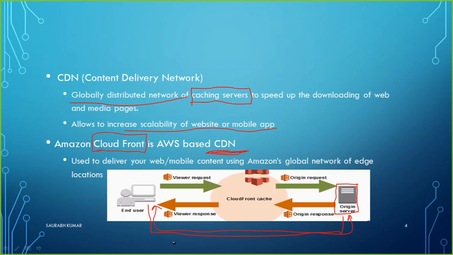Now, for example, let's say 500, or maybe 5,000, or maybe 5 million users in India are watching that video which is uploaded on the America server. You can imagine how much traffic there will be from India going to America to get the same video.